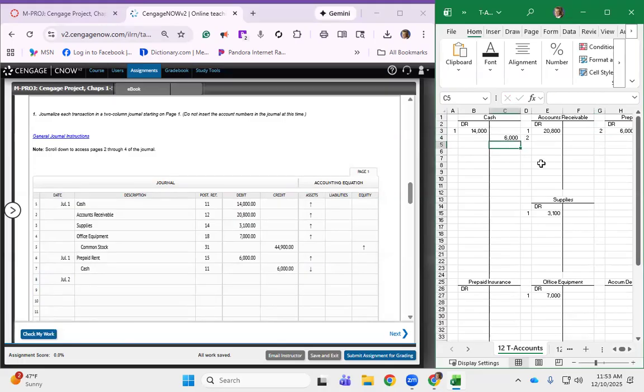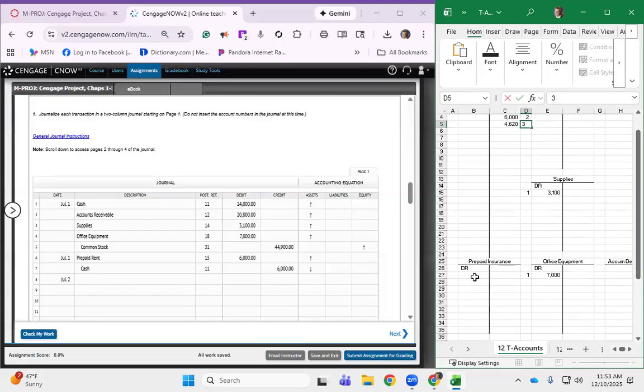So anytime we pay something, we make cash go down. Number 3. And what are we buying? We are paying for annual premiums. So this is prepaid insurance. Prepaid insurance of $46.20, sorry, $4,620. Be sure you watch your numbers.